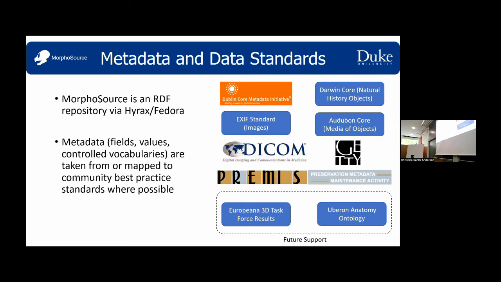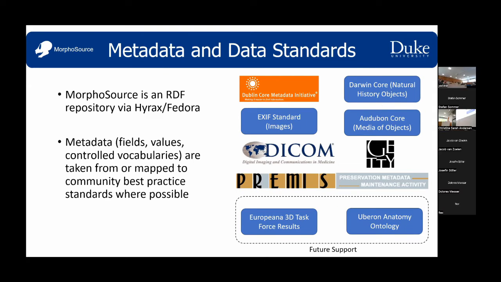Especially for media, I will say MorphoSource is an RDF, a resource description framework, repository through the foundation software that powers it. A repository being RDF is one of those things that probably doesn't matter to many researchers, but for tech people, it just means that the metadata can be classified in a machine readable way that is a community endorsed standard.